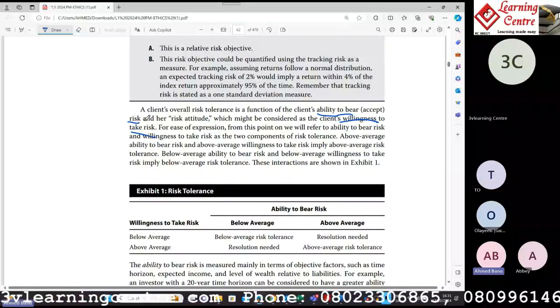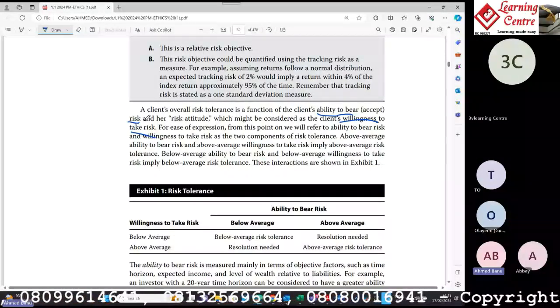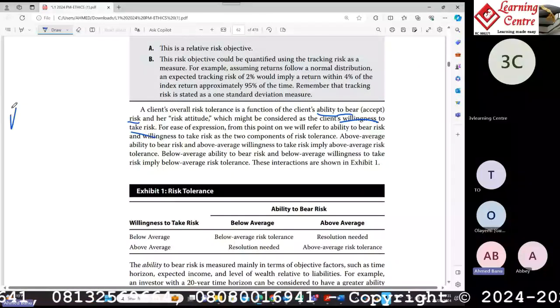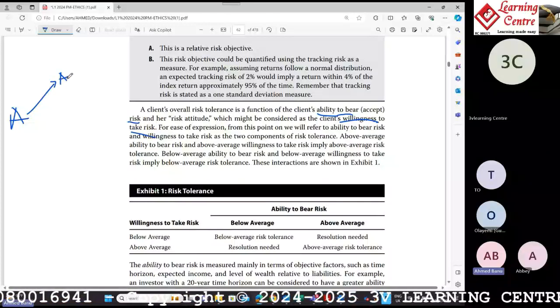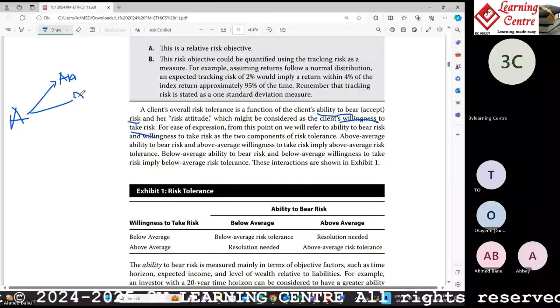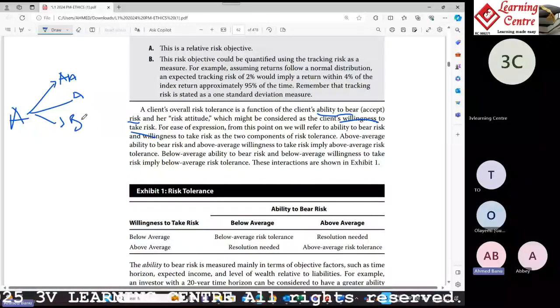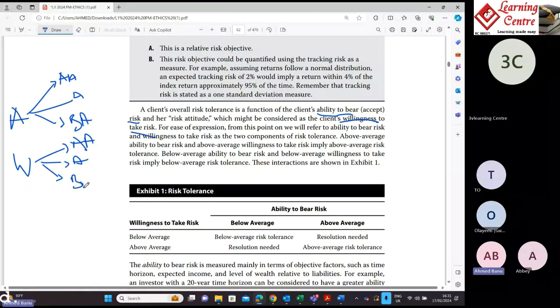Now, your risk tolerance, after we have looked at it from these two spectrums, can either be below average, average, or above average. Your ability can either be above average, average, or below average, while your willingness can also be above average, average, or below average.